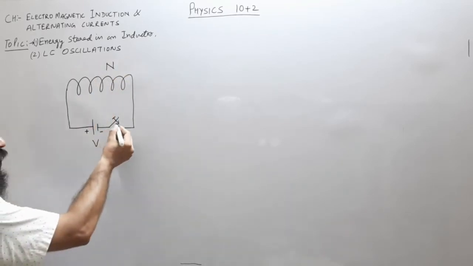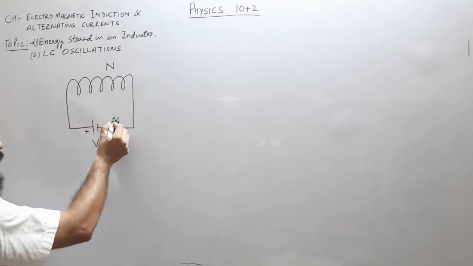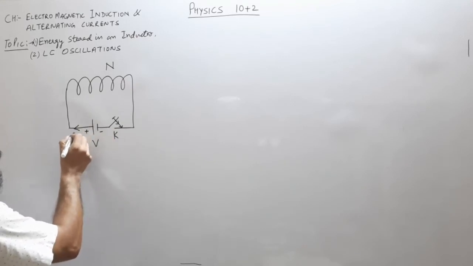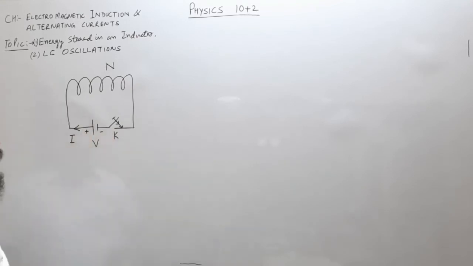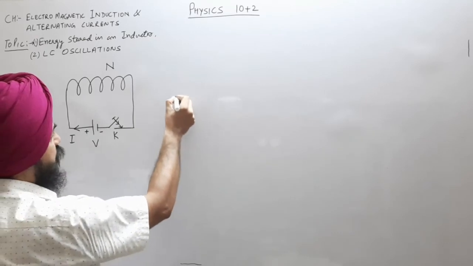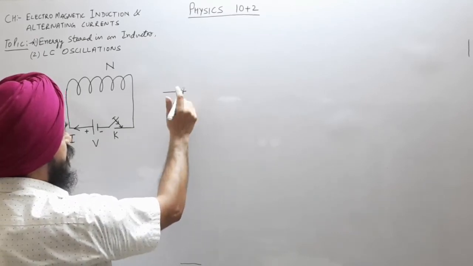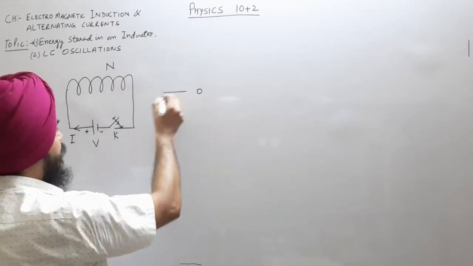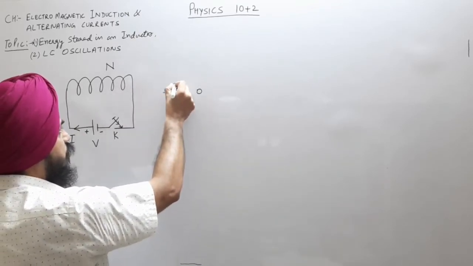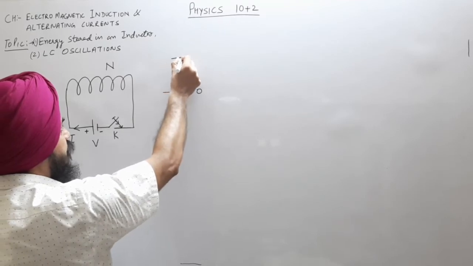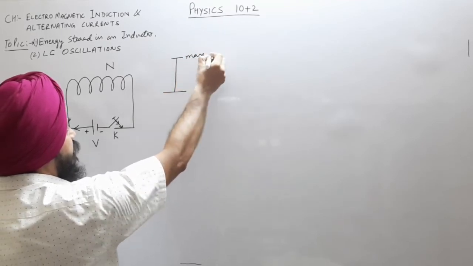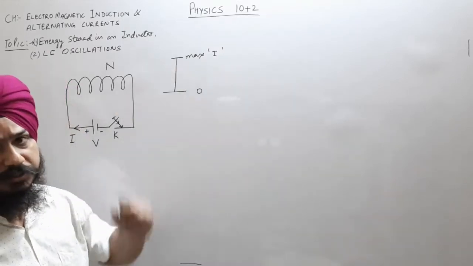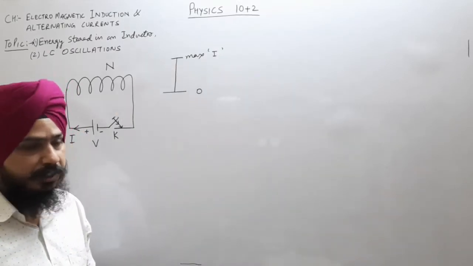And when we press this key K, the current starts to grow in the circuit. So actually, when the key was off, the current was 0 in the circuit, and when we press the key, the current grows to its maximum value, that is I. Now as this transition takes place, current changes through the circuit.